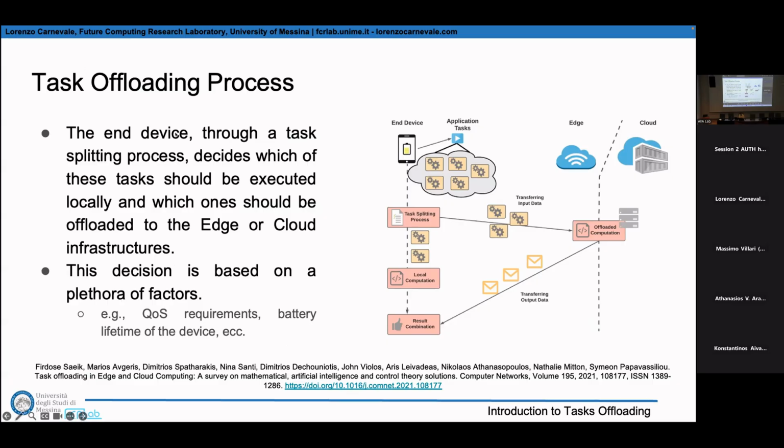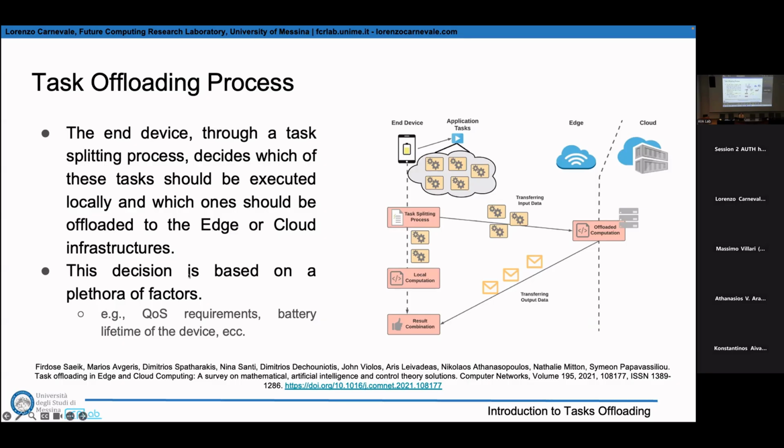Then we have the end device that has a task splitting process, and this decides what is the amount of computation that needs to be split. Typically there could be a decision maker at this level, or the decision maker can be in the edge or the cloud, to understand what is the destination of this task.